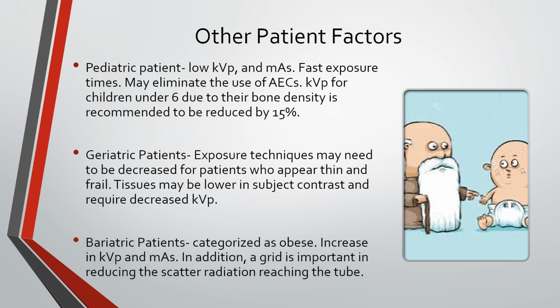Bariatric patients now kind of go the other way, right? They categorize as obese, with increased kVp and mAs typically. In addition, a grid is important to reduce the scatter radiation reaching the image receptor. So we may want to use a grid where, if the person wasn't quite as large, we wouldn't for that particular body part, a knee or a femur or something like this, right?